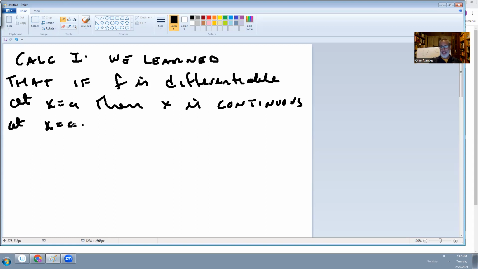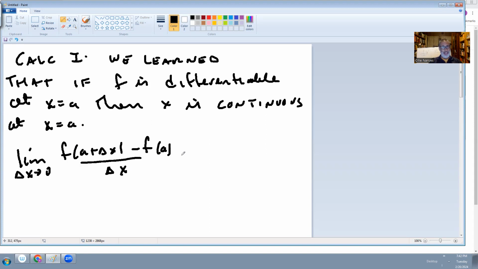And basically the sketch of that is that if f is differentiable, then the limit as the change in x approaches 0 of f of a plus change in x minus f of a over change in x must equal some limit L, which is the derivative.